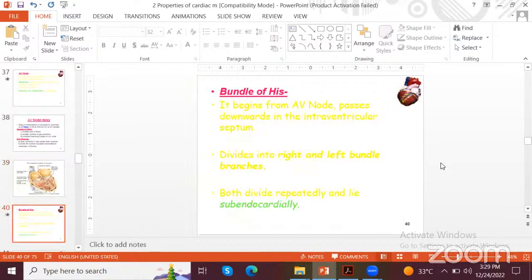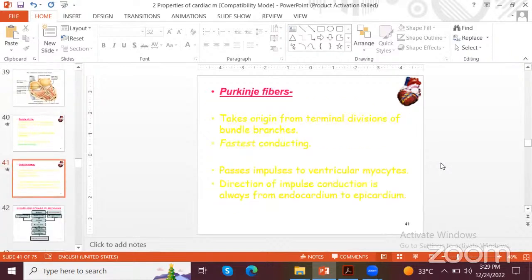And coming to the bundle of His, it begins from the AV node, passes downwards in the interventricular septum, and divides into right and left bundle branches. These right and left bundle branches divide repeatedly and lie subendocardially.